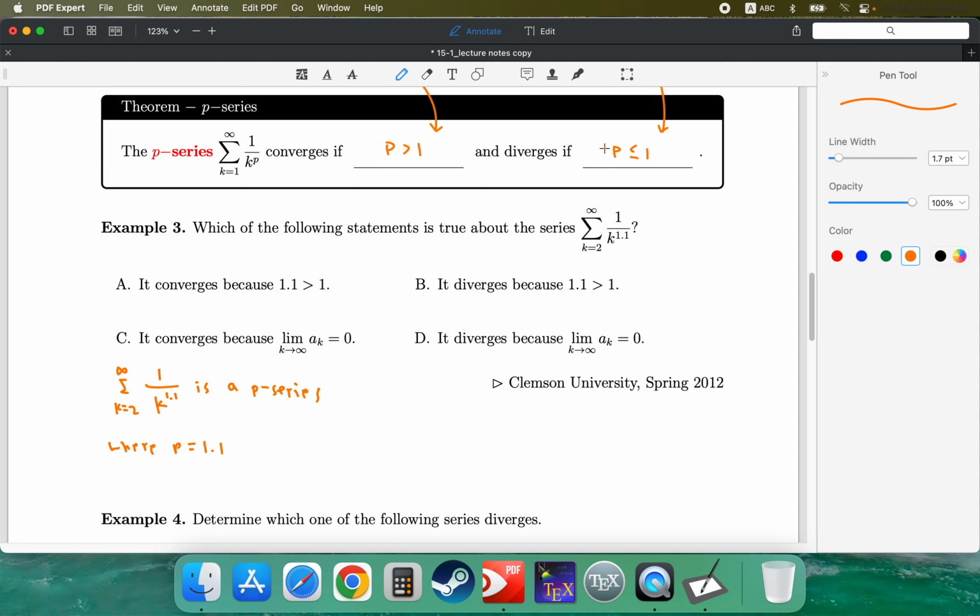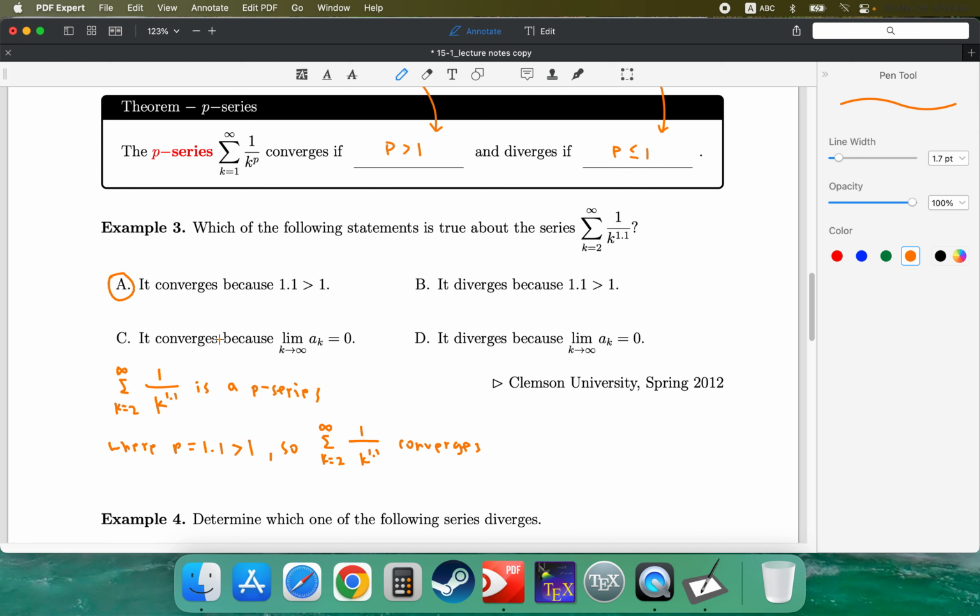And according to this box, 1.1 is greater than 1, right? My power is greater than 1. So this series will converge. So we have to choose A. The series converges because the power is greater than 1. Good?